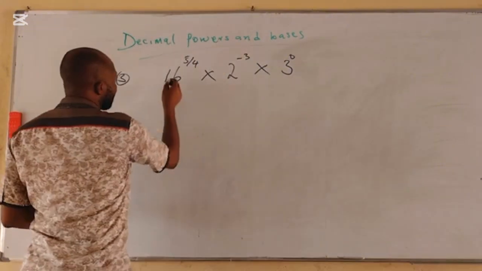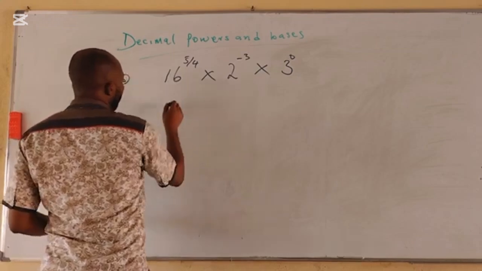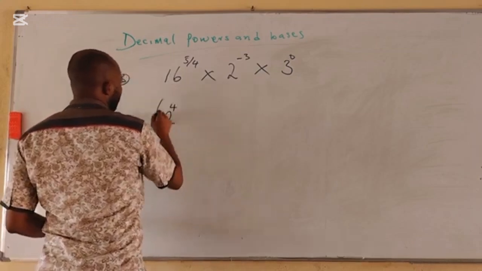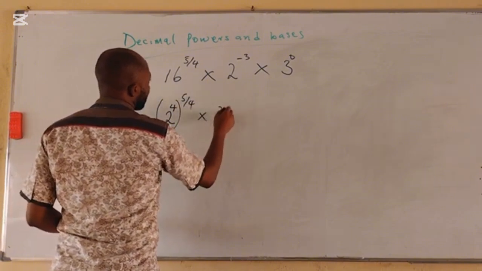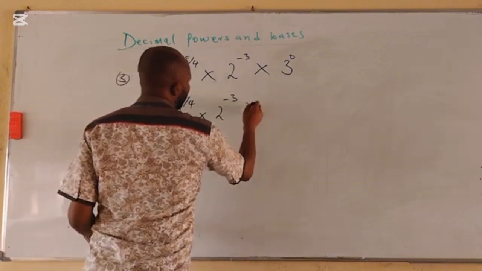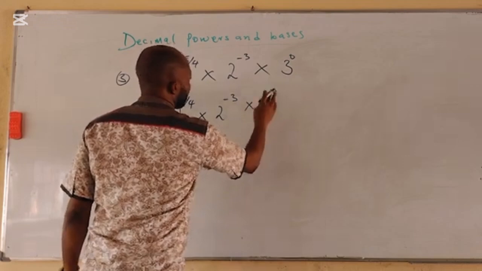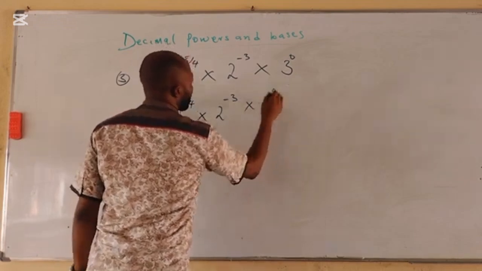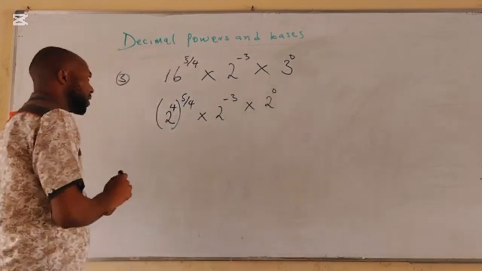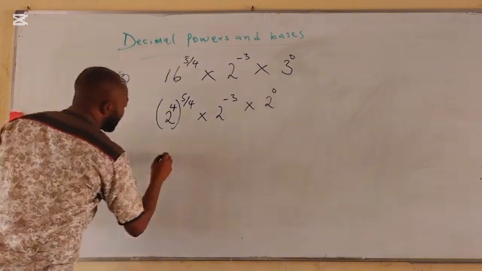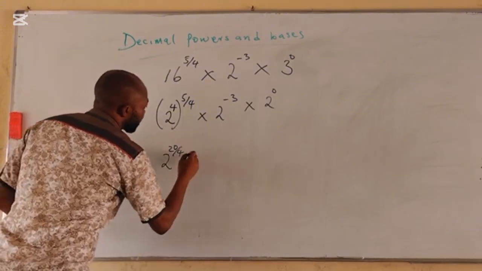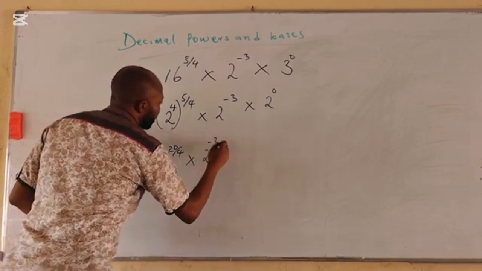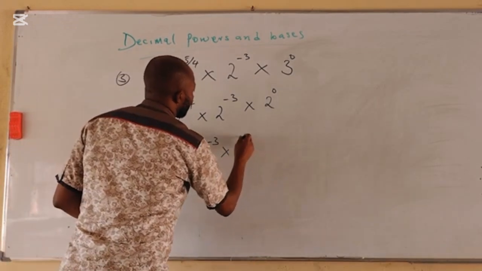Now, 2 raised to the power of 4 will give me 16. So I have 2 raised to the power 4, to the power 5 over 4, times 2 raised to the power minus 3, times 2 raised to the power 0. Sorry, 2 raised to the power 0 because they are not the same thing. Now, this is 2 raised to the power 4 times 5, 20 over 4, times 2 raised to the power minus 3, times 2 raised to the power 0.